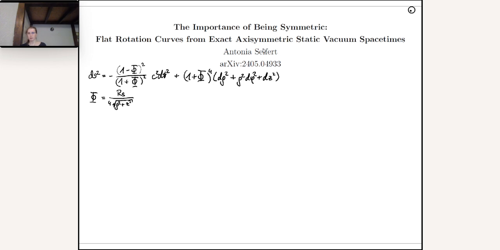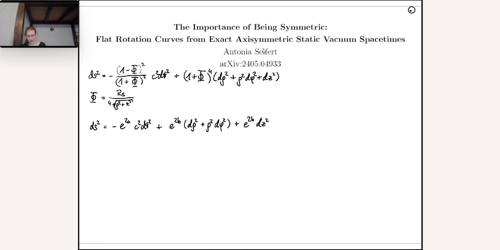This line element is of the form that we have positive prefactors, except for the time part where we have this minus sign. e to the 2A reflects a positive prefactor. For the time part, we have some coefficient, for the radial part and the angular part having the same prefactor. And in the case of the Schwarzschild line element, we even have the same prefactor for the dz part.